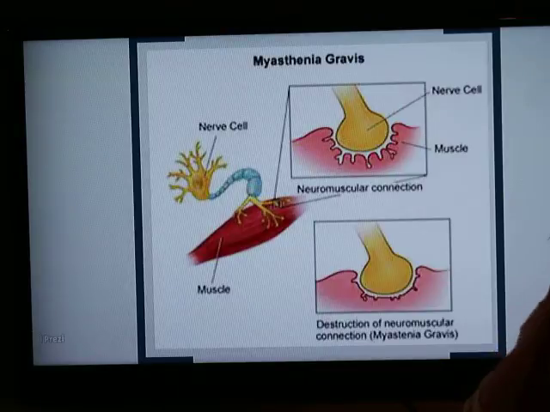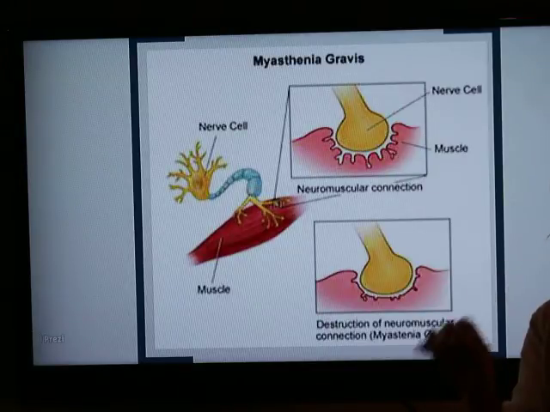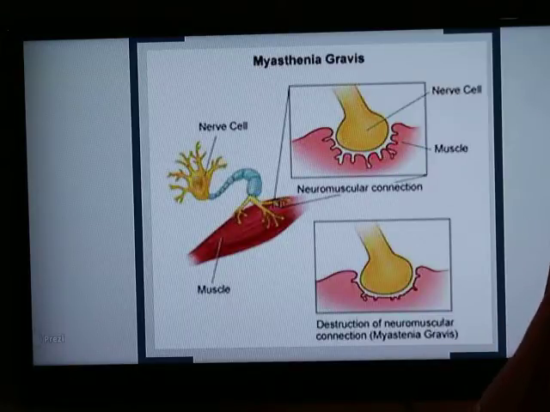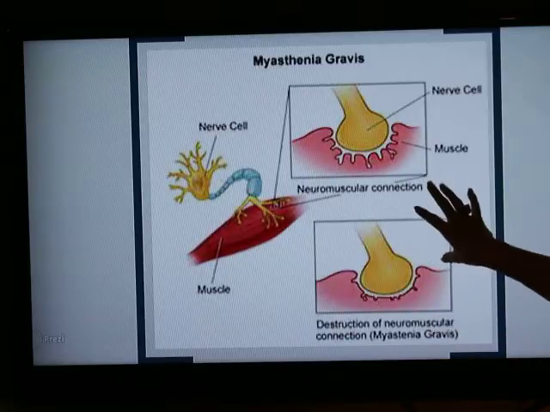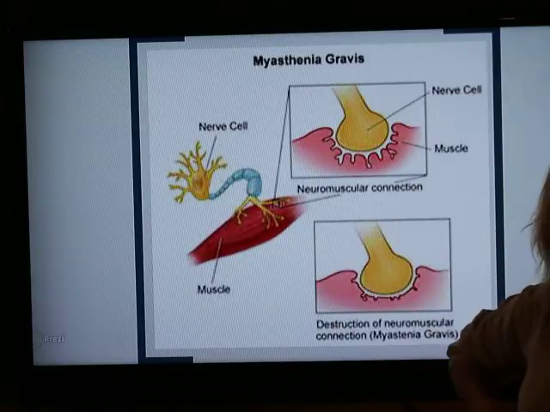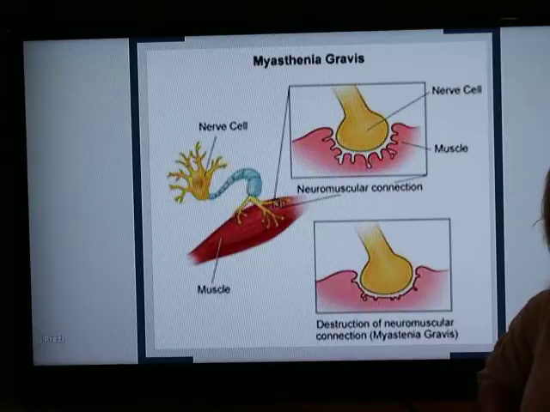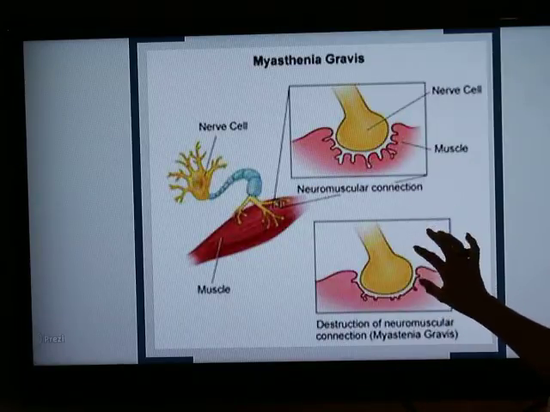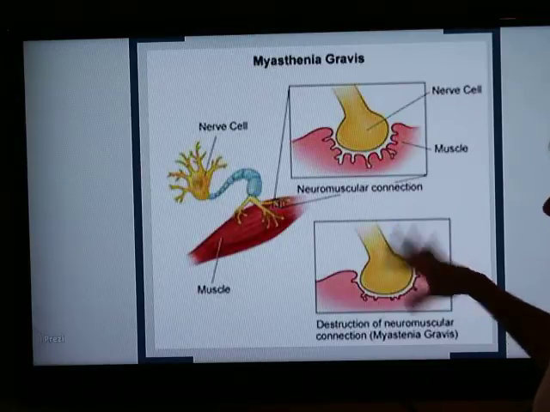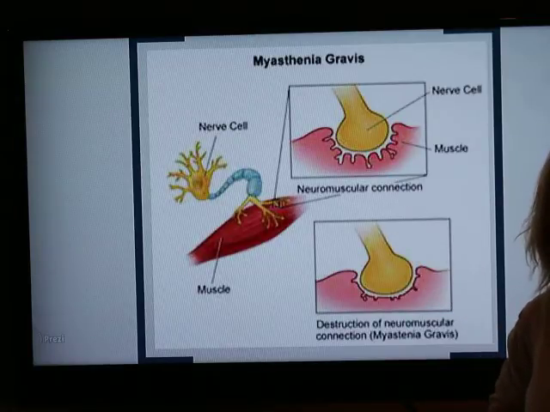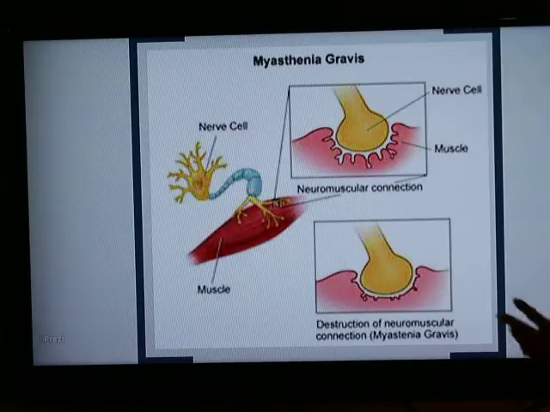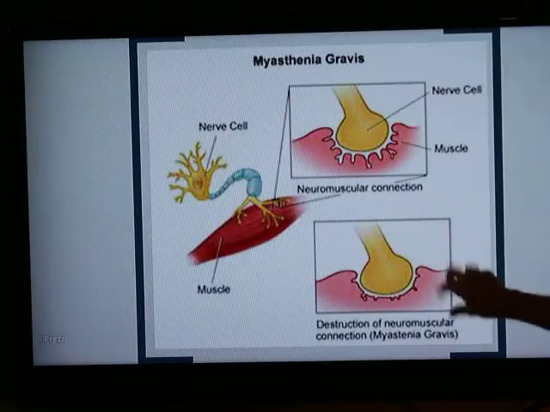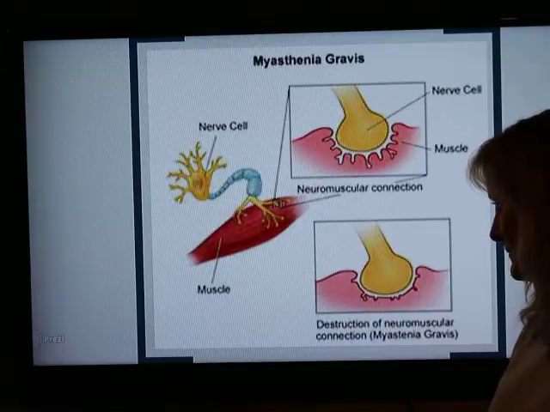This is very common in the ocular motor muscles, so many MG patients will start having muscle drooping, especially in one eye. The other problem with MG is when those respiratory muscles start getting involved, because then the patient can go into myasthenic crisis. And so you've got to be really careful to watch their respiratory status and make sure that they're still able to breathe, because that can be a huge problem with MG.